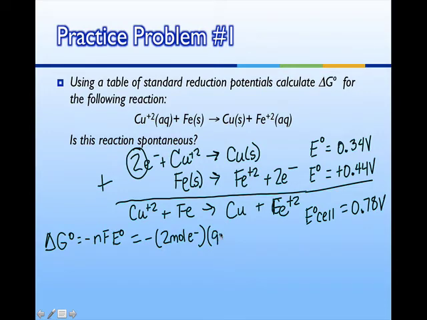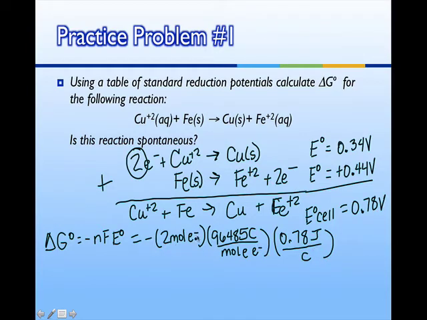I'm going to use 96,485, and that is coulombs per mole of electron. And then we have the cell potential, which we just calculated. And instead of using it in volts, I'm going to use it in joules per coulomb.